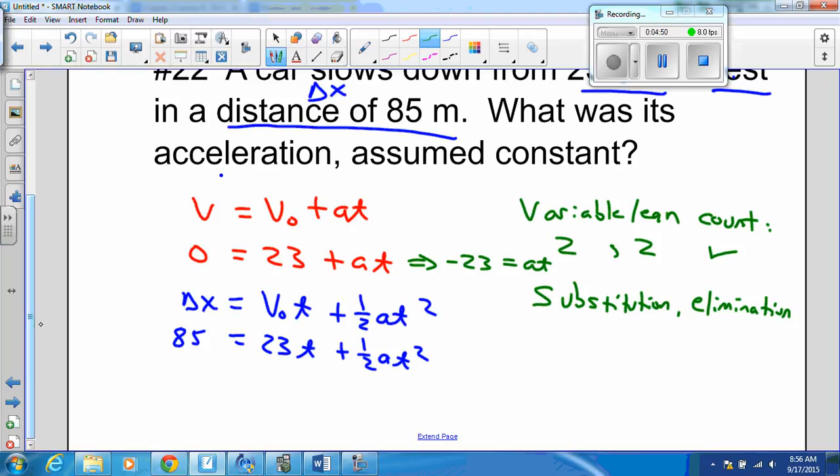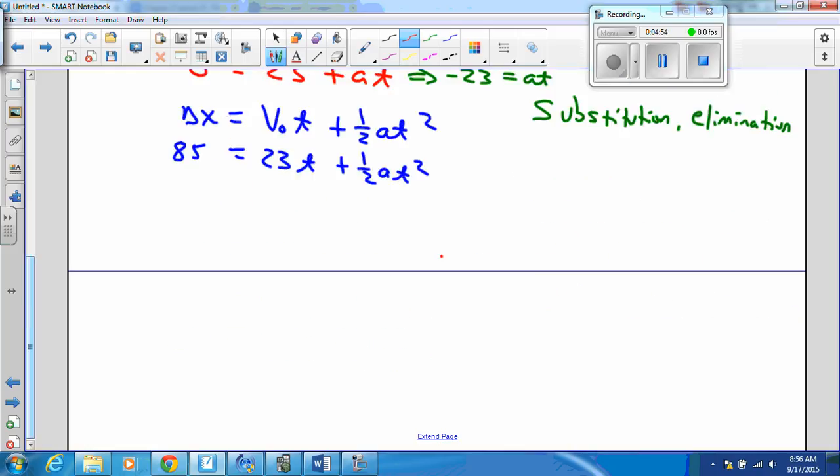And in fact, I do have something that's just about AT. It's not quite AT. It's 1/2 AT squared. So I'm going to be a little bit clever, and I'm going to write the 1/2 AT squared as 1/2 of AT times T.